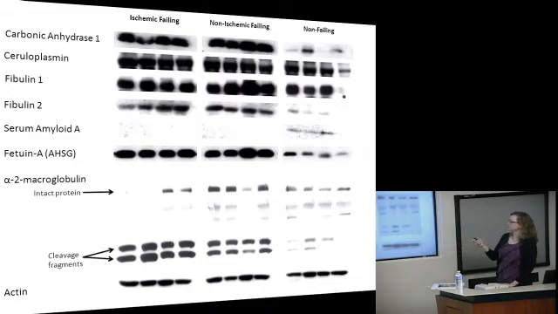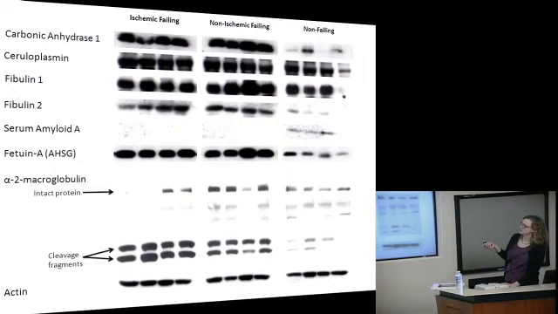And some of these things are quite interesting proteins that we are planning to examine further. For example, these fibrillin 1 and fibrillin 2 proteins are involved in extracellular matrix remodeling, and they were upregulated in both the ischemic and the non-ischemic failing.